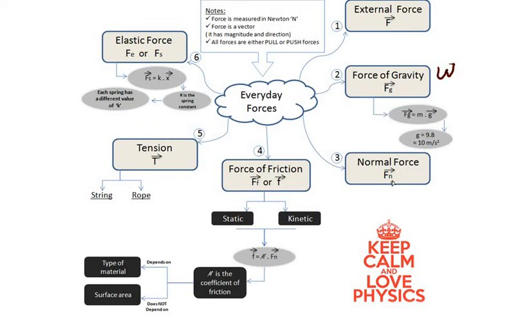The normal force Fn, the force of friction with two types, static and kinetic, and it's equal to mu times Fn. The tension force, the force that exists when there is a string or rope. And finally, the elastic force, denoted by Fe or Fs as the spring force.